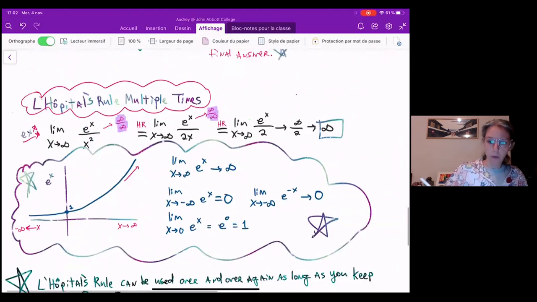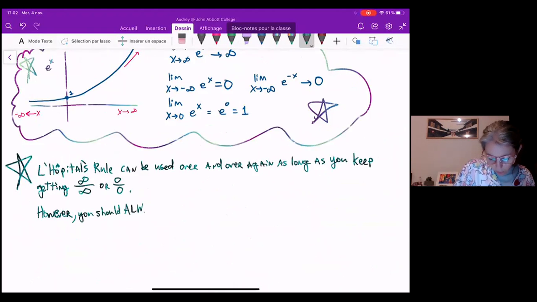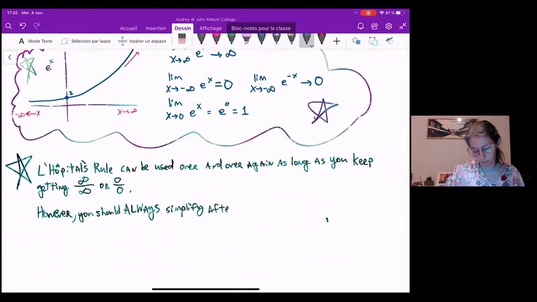So here we're going to say, however, you should always simplify after every application of L'Hopital's rule before applying it again.